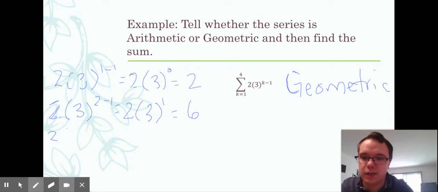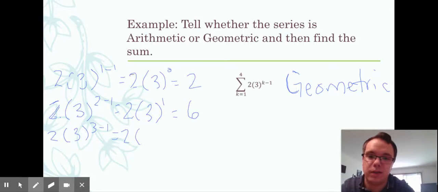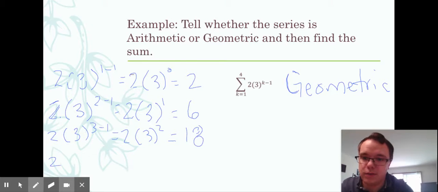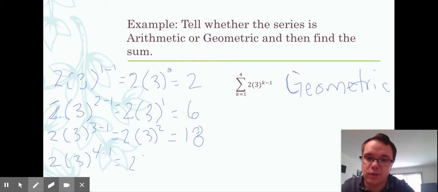If I take 2 times 3 to the 3 minus 1 power, that's going to give me 2 times 3 squared. 3 squared is 9. 9 times 2 is 18. And then if I take 2 times 3 to the 4 minus 1, I get 2 times 3 cubed. 3 cubed is 27, and 27 times 2 is 54.